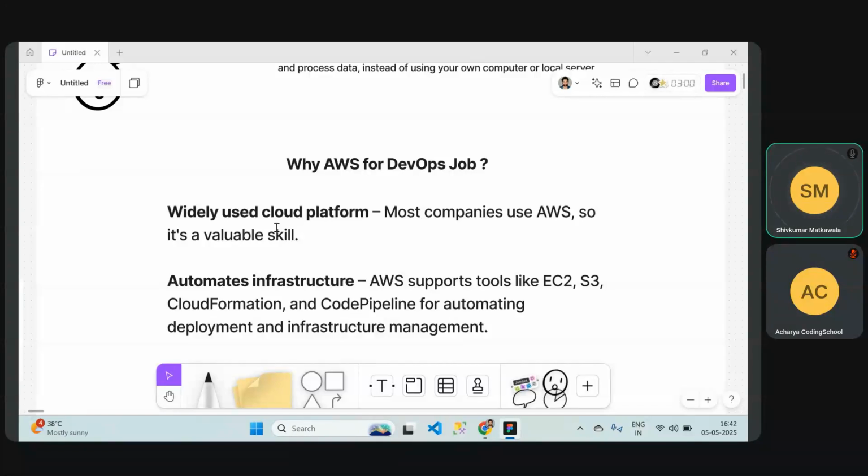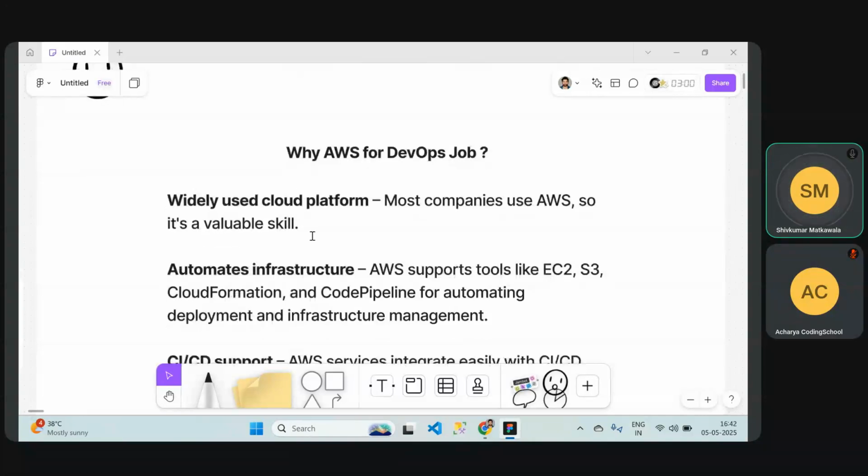AWS alone holds 40% plus of the market. This is enough to choose AWS as your cloud platform to do DevOps jobs. For DevOps, we need a lot of machines, computing power, databases, and storages, and we can take those on a rental basis from AWS. So AWS is a very important, vital factor in DevOps.